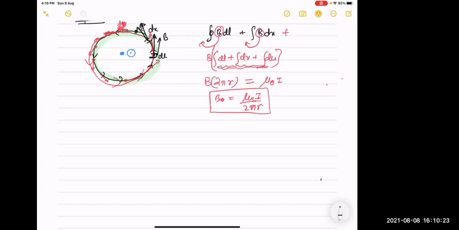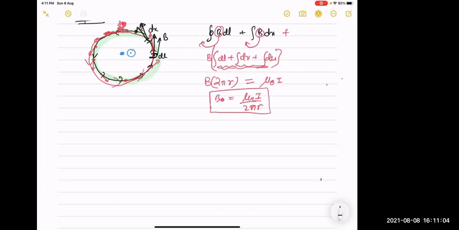So in the part where there's a small circle, the magnetic field is mu naught I by 2 pi a, and then the current enclosed in the bigger part is I. The total current enclosed is I times the smaller area divided by the bigger area.